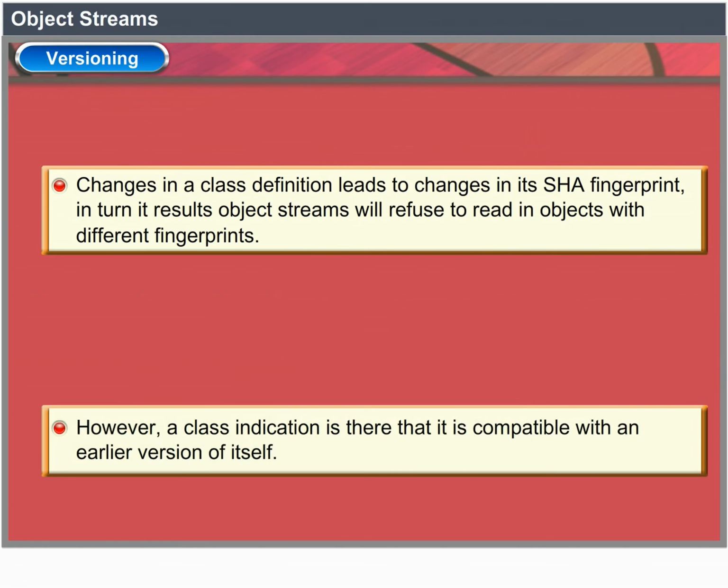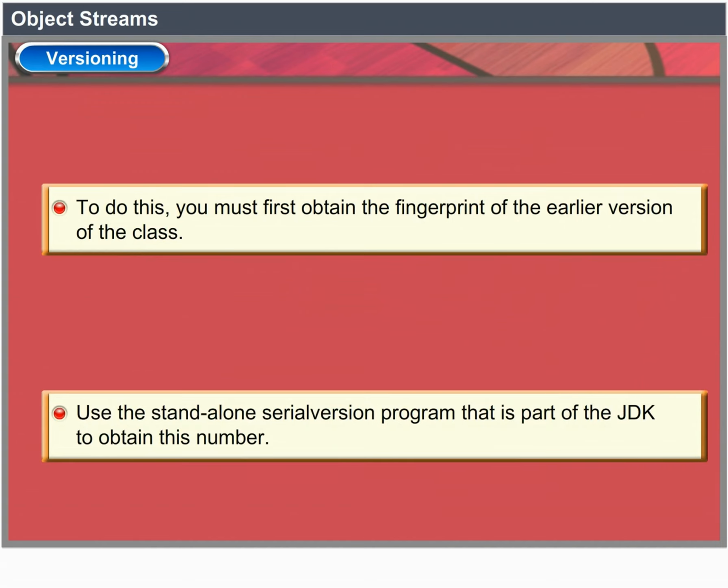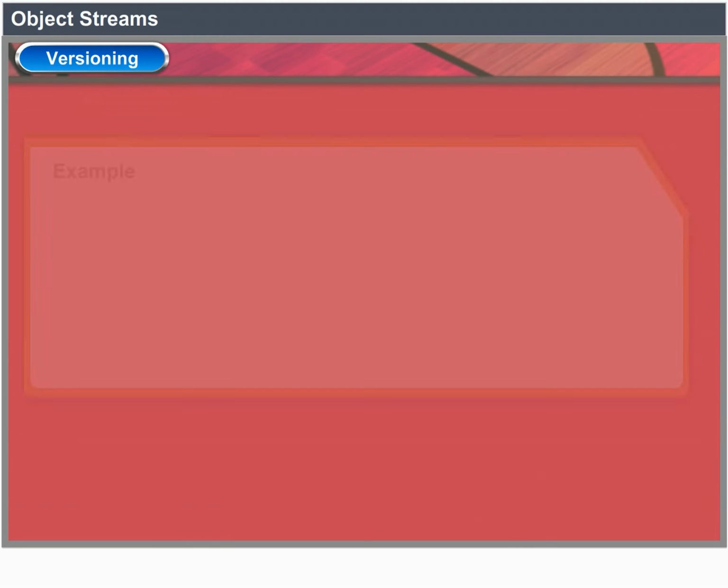However, a class can indicate that it is compatible with an earlier version of itself. To do this, you must first obtain the fingerprint of the earlier version of the class. Use the standalone serialver program that is part of the JDK to obtain this number.